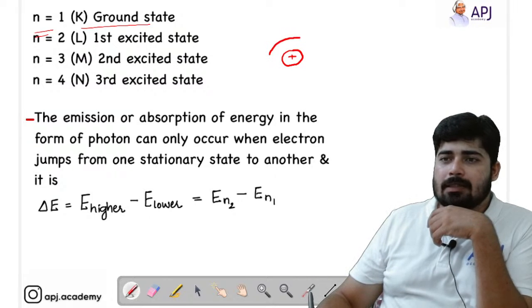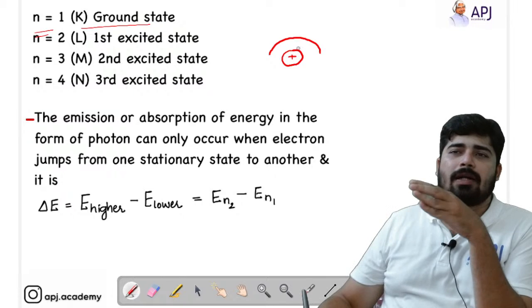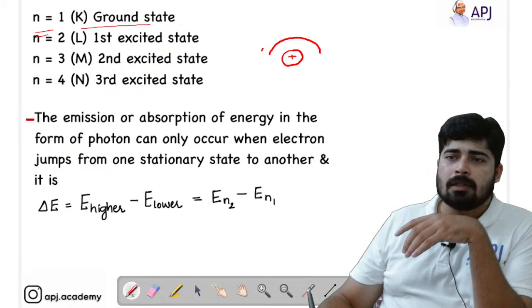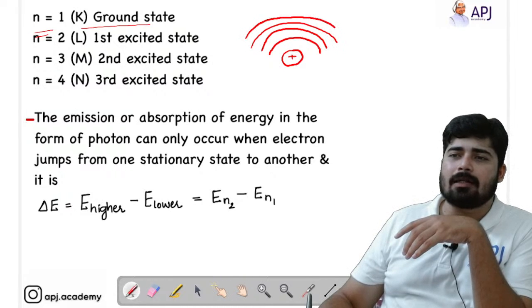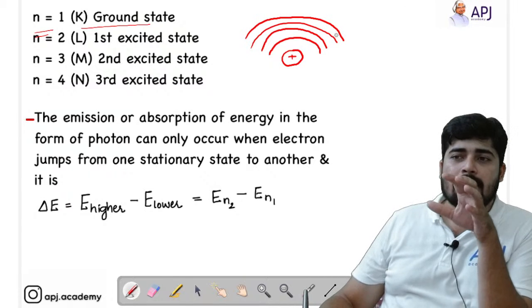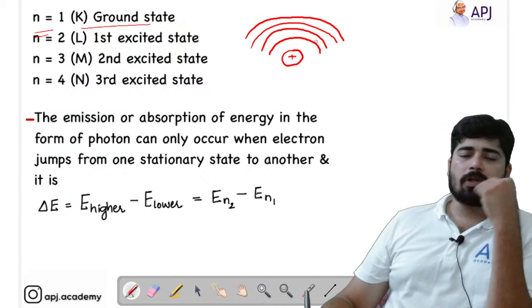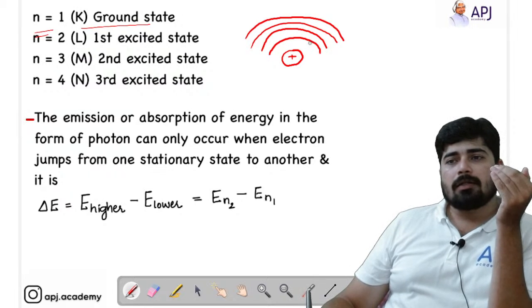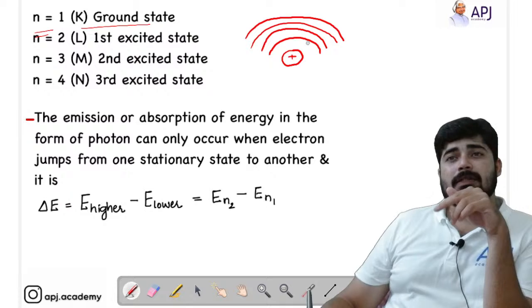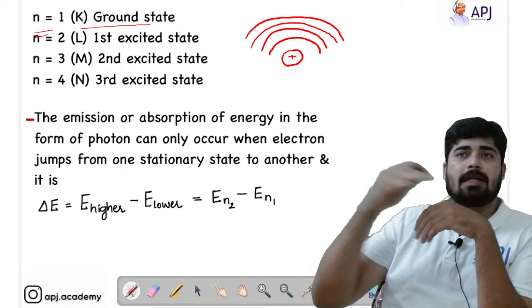From the nucleus, this is the first orbit, or we call it the first shell. This will be the second shell. This will be the third shell. And likewise, we normally consider 7 shells, because in the periodic table there are 7 periods. So what does that 7 period represent? 7 periods represent the 7 shells in an atom.